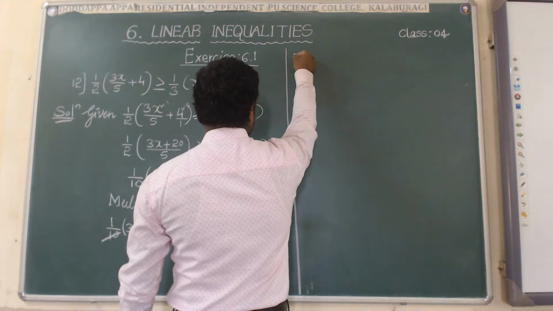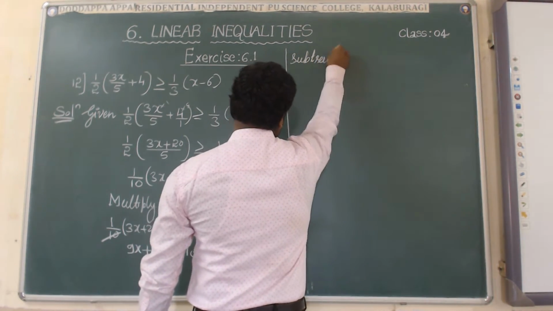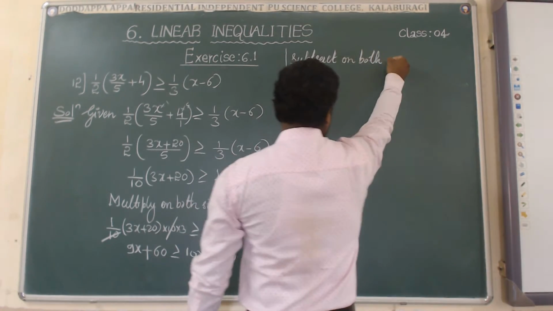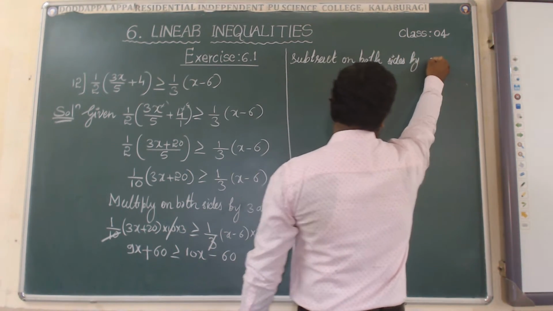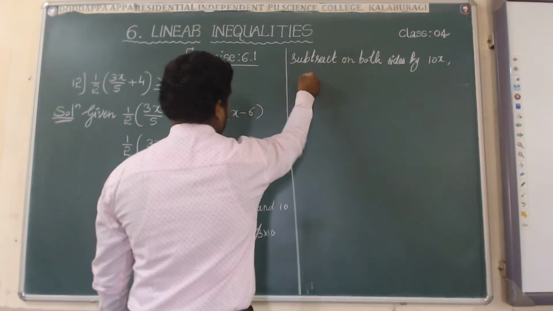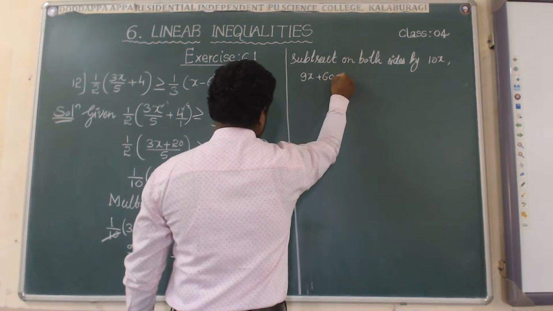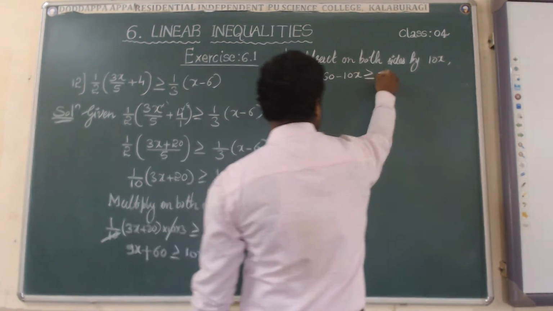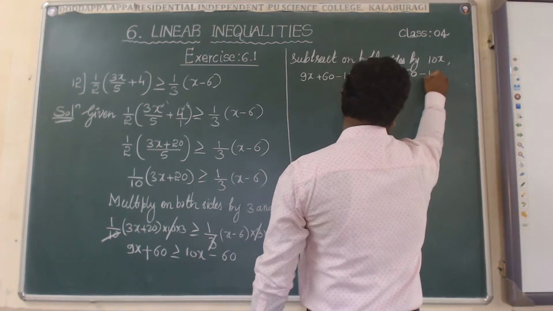Subtract on both sides by 10x. 9x plus 60 minus 10x is greater than or equal to 10x minus 60 minus 10x.